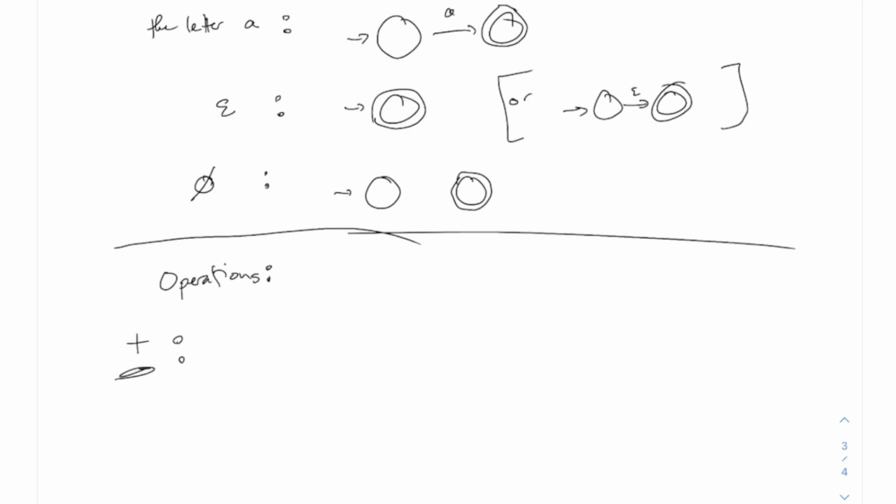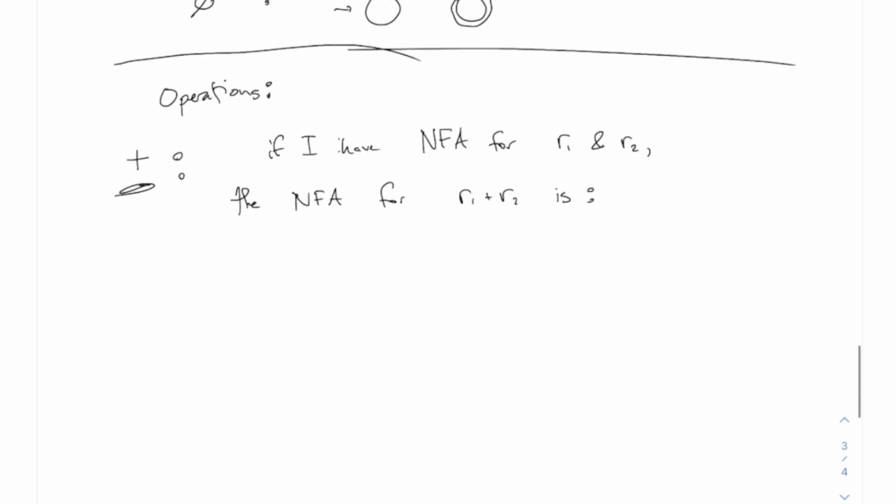What this means is, if I have NFAs already for 2 different regular expressions, R1 and R2, then the NFA for R1 plus R2 is... Does this sound familiar to anybody?